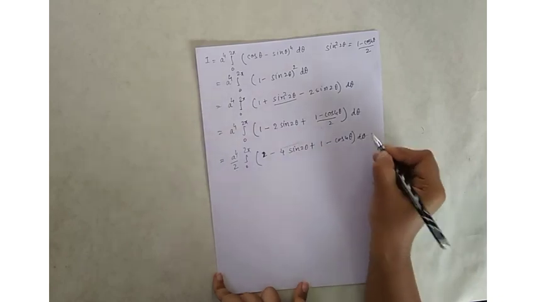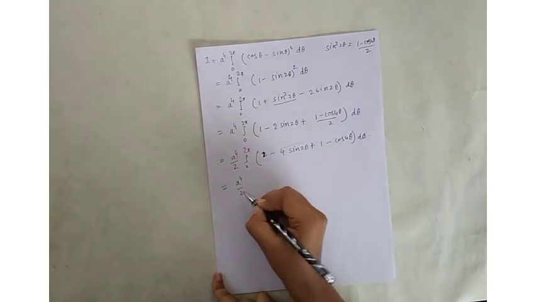So d theta is equal to a raised to 4 by 2.